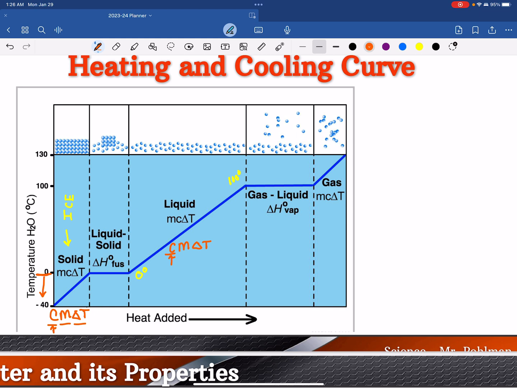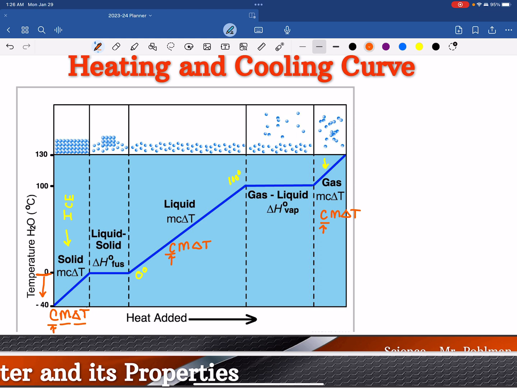When you get to 100 degrees, here we have a gas. And again, gases, you're going to notice you have that Cm delta T. Gases heat up and cool off differently, so they will have a different specific heat.